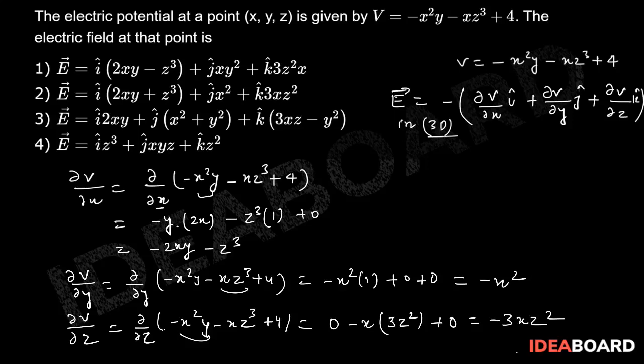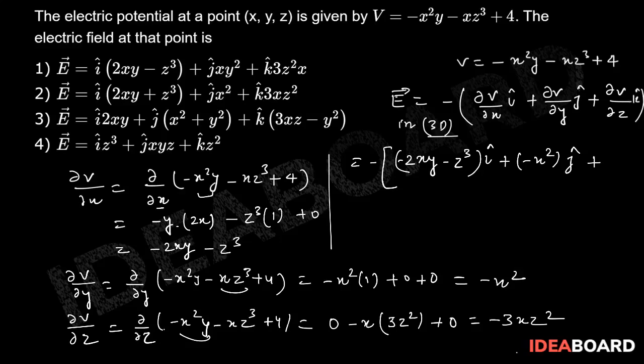Now put the values. So if you put the values, what do you get? Minus (-2xy - z³) into î, plus ∂V/∂y which is -x² into ĵ, plus -3xz² into k̂.